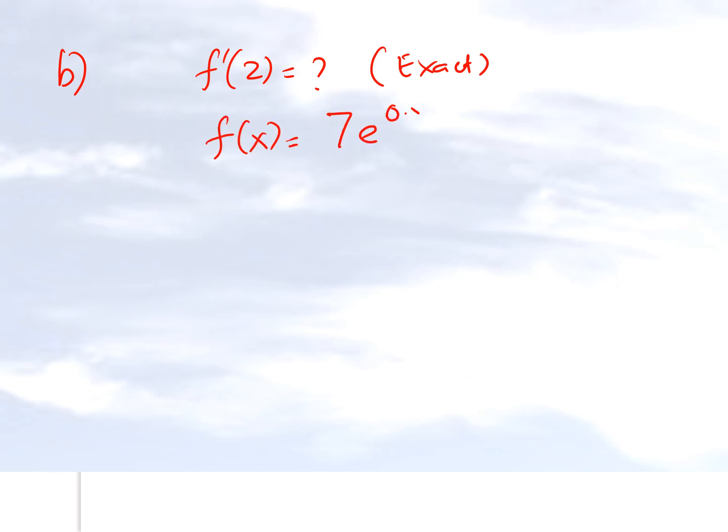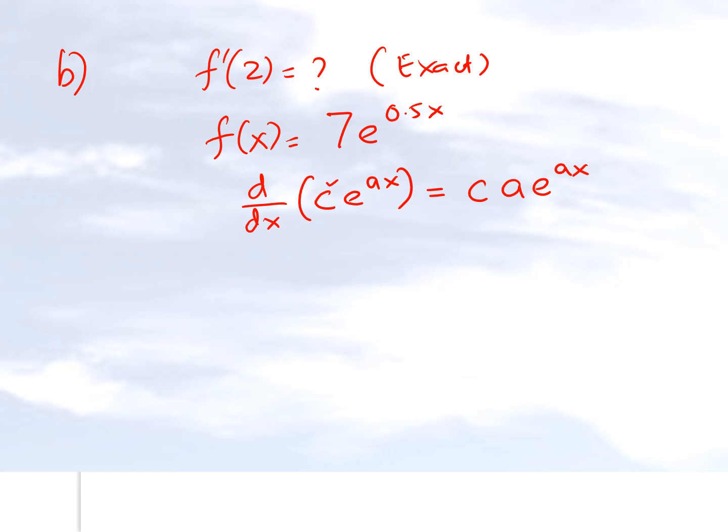Now in order to find the exact value, what is f prime of 2? We start with our knowledge of differential calculus. f of x is given as 7 e to the power 0.5x. We already know from differential calculus that the derivative of c e to the power ax, where c and a are constants, is nothing but c times a times e to the power ax.